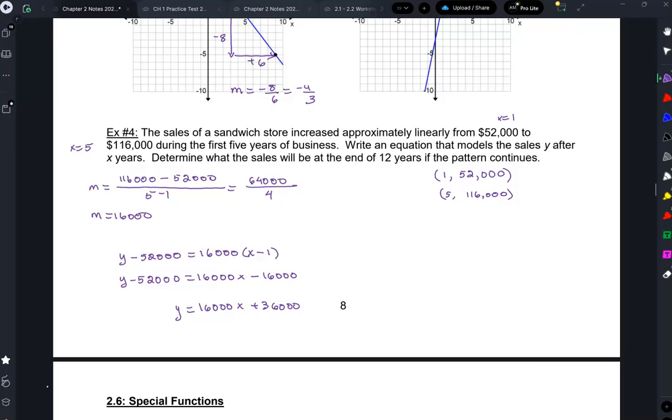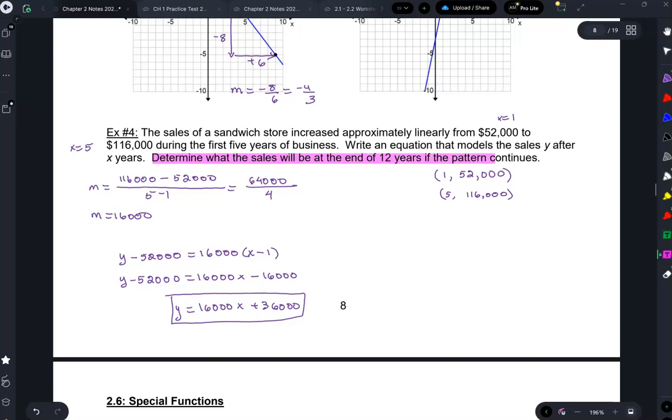All right? So here we go. That's the equation. And then it says, determine what the sales will be at the end of 12 years if this continues. So this is y. Now, I want to know what will y be when x is 12. So just like we used function notation, after 12 years, this will be y of 12, right?